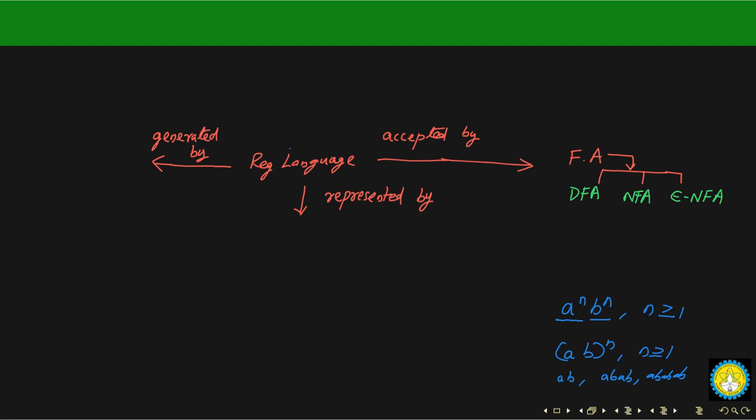So this particular language is a regular language, whereas A raised to n, B raised to n is a non-regular language. It's very important. Since this is a non-regular language, you cannot actually design an NFA or a DFA or an epsilon NFA for it. But this language here, (AB) whole raised to n, is a regular language, and therefore we can create NFAs, DFAs, or epsilon NFAs for representing the same.